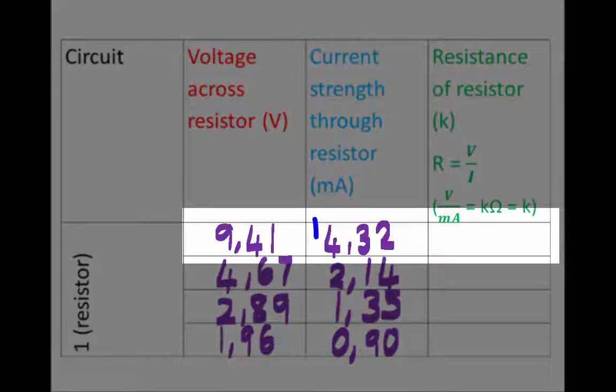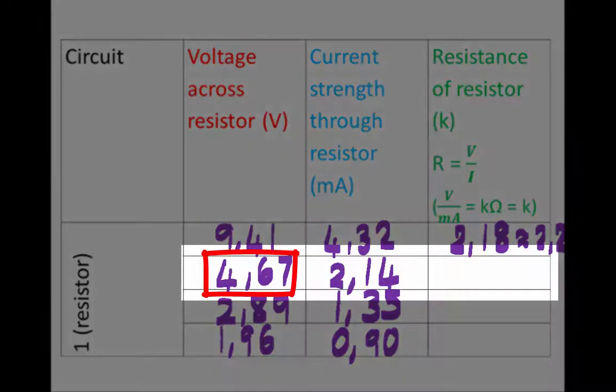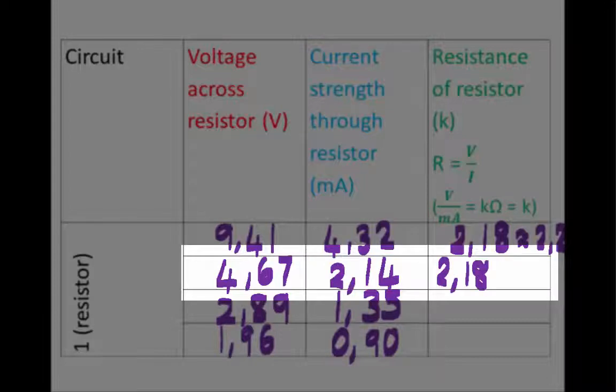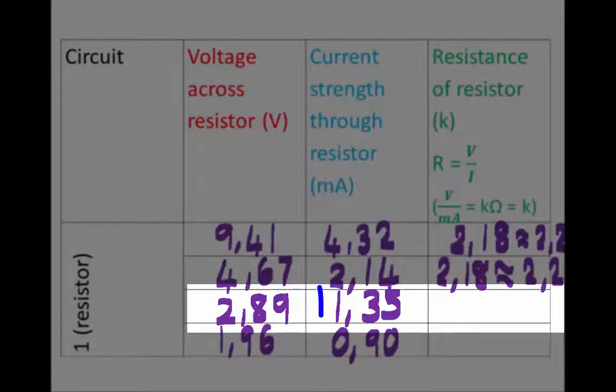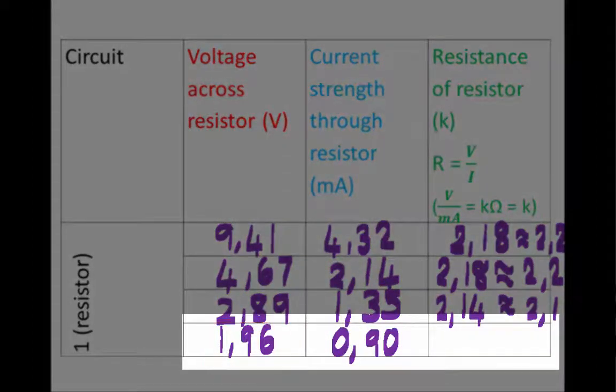9.41 divided by 4.32 equals 2.18, which is rounded off to 2.2. 4.67 divided by 2.14 is equal to 2.18 again, which we can round off also to 2.2. 2.89 divided by 1.35 is equal to 2.14, which we round off to 2.1. 1.96 divided by 0.90 is equal to 2.177, 2.18 again, which we round off to 2.2.